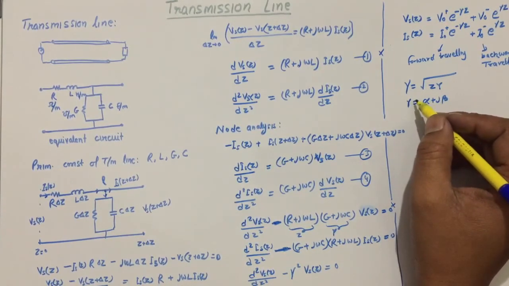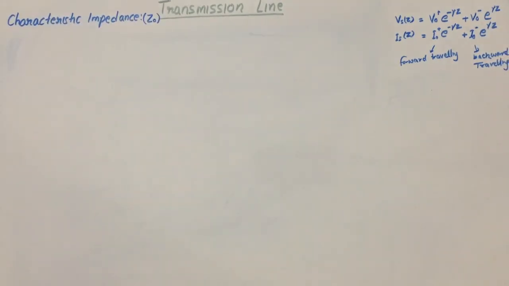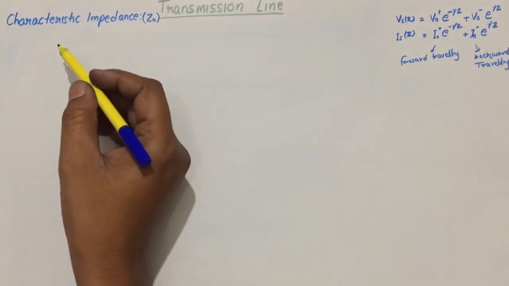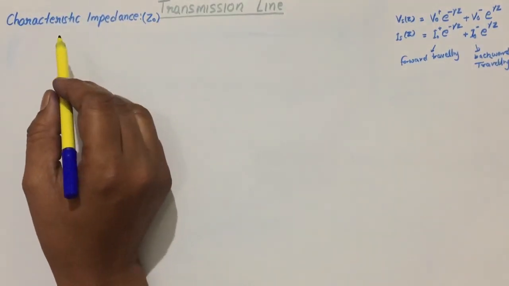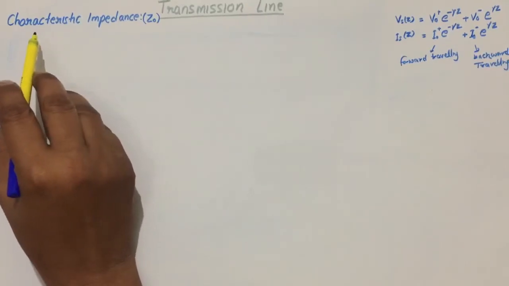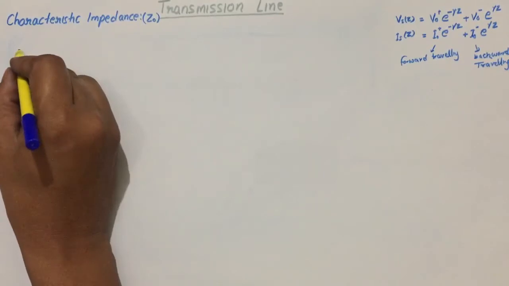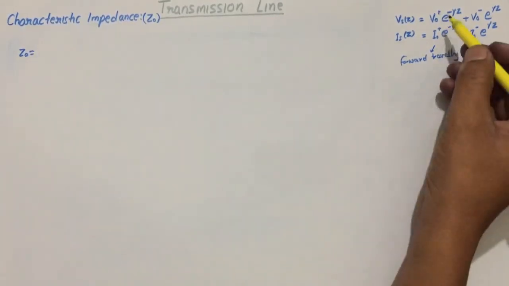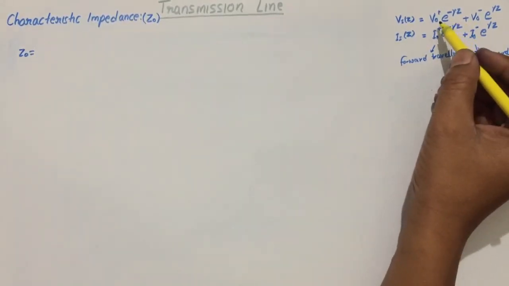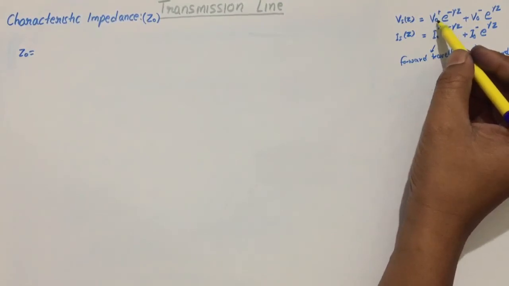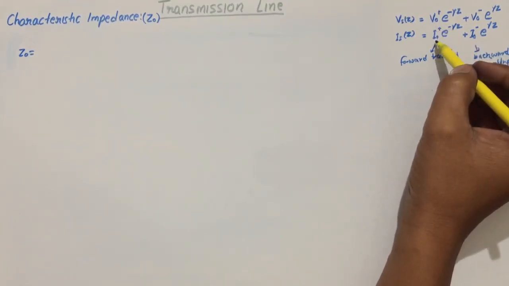line as well. In the case of unguided wave propagation, we have discussed the intrinsic impedance. Here in the case of transmission line, we will discuss the characteristic impedance, and it can be defined as the ratio of the forward traveling voltage wave to the forward traveling current wave.